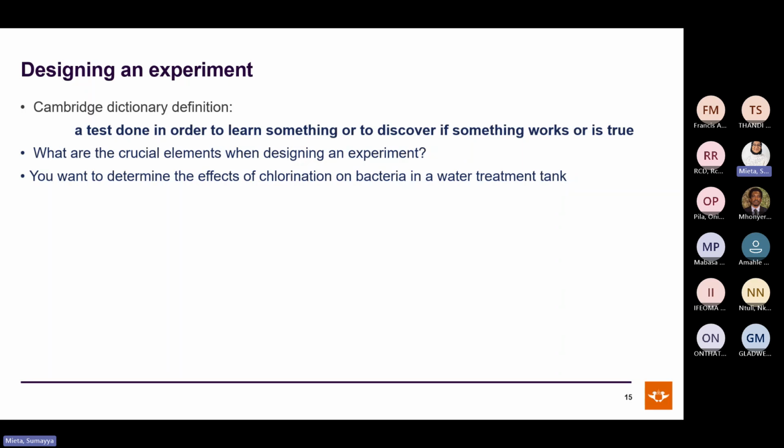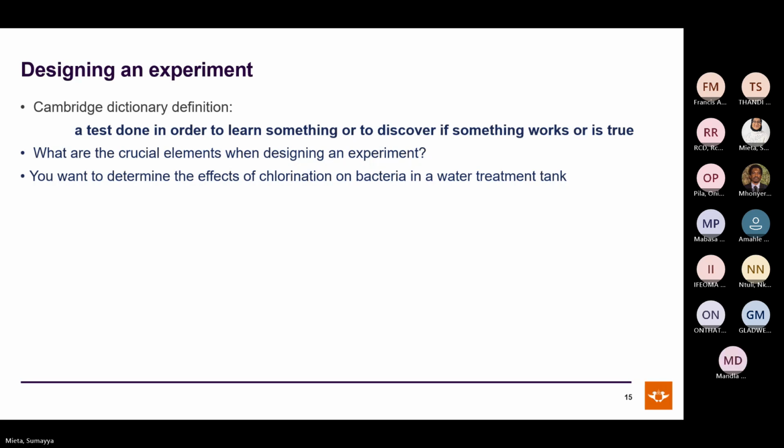What do you do when you are conducting an experiment or you're planning to conduct one? There's certain factors that an experiment has to have. We spoke about it in the hypothesis as well.